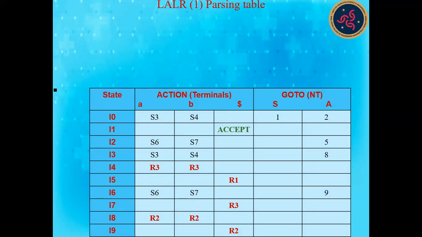Before going to this video, you have to go through the CLR parse table construction, so that you understand how this is created. From this table only, I am reducing my table to the LALR parse table. Here the given table is the CLR parse table, and we can replace the shift moves.